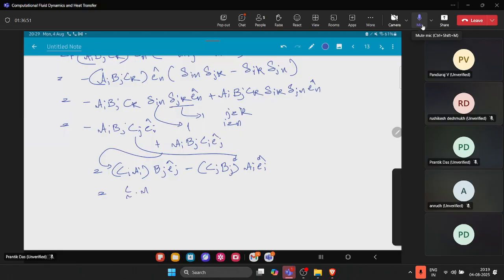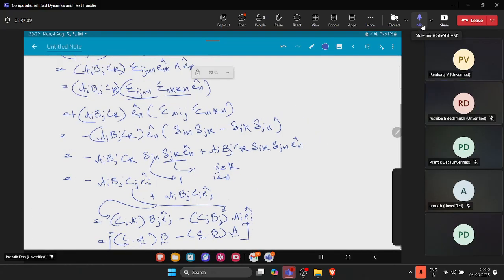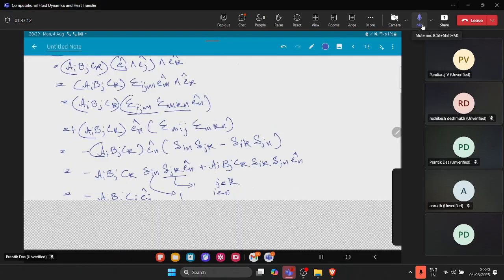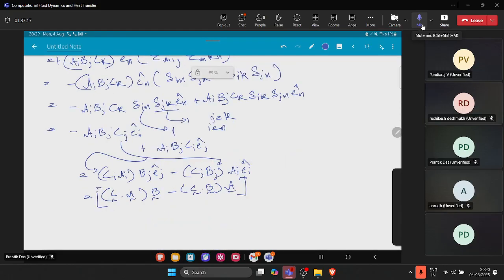That is, C dot A times B minus C dot B times A. Sorry, this should be B. So now we can expand this vector triple product in this format: A cross B cross C is equal to (C dot A)B minus (C dot B)A. Okay.